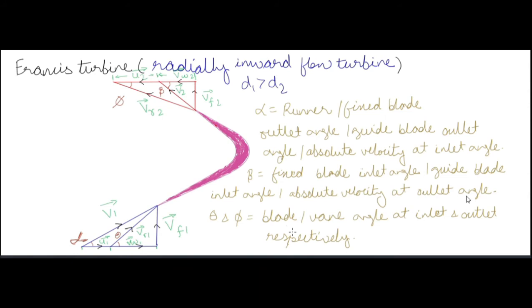So inlet and outlet: if you are given the blade angle, fixed blade angle, beta is fixed blade inlet angle or guide blade inlet angle, but in terms of absolute velocity it's absolute velocity at outlet angle. And theta and phi are blade or vane angle at inlet and outlet respectively.